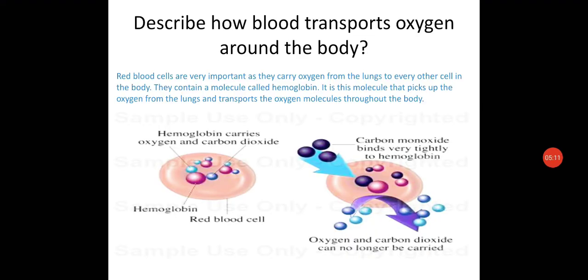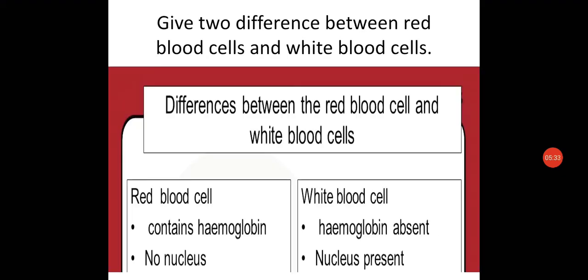Describe how blood transports oxygen around the body. Red blood cells are very important as they carry oxygen from the lungs to every other cell in the body. They contain a molecule known as hemoglobin. It is the molecule that picks up the oxygen from the lungs and transports the oxygen molecules throughout the body. Give two differences between red blood cells and white blood cells.